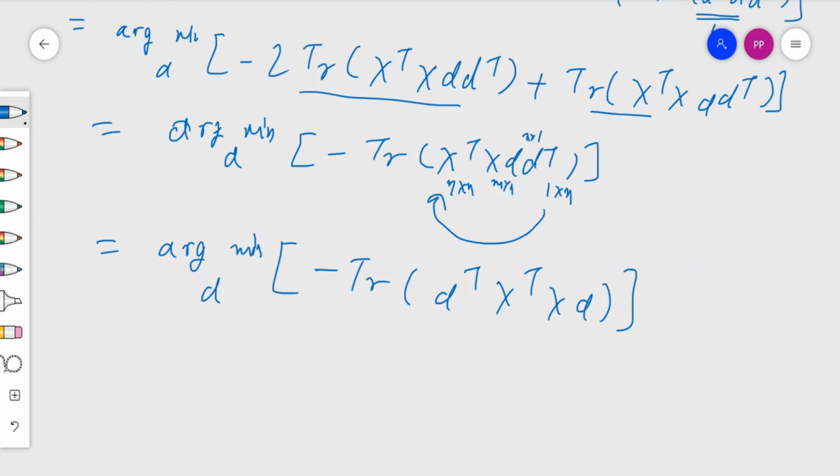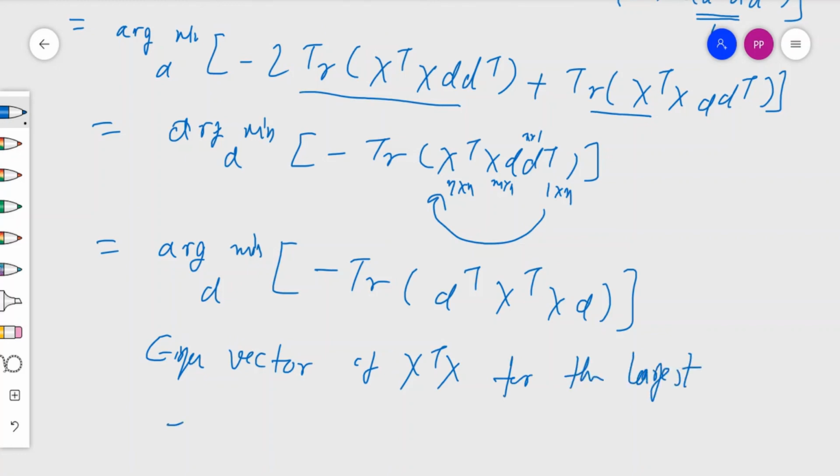So the eigenvector of X transpose X for the largest eigenvalue of X transpose X gives optimal D, that is D asterisk, and that minimizes this norm.